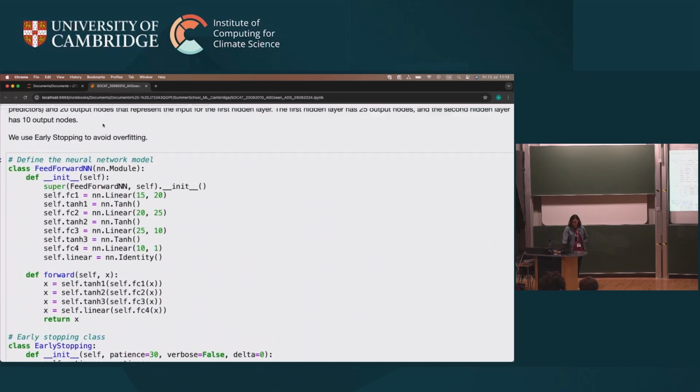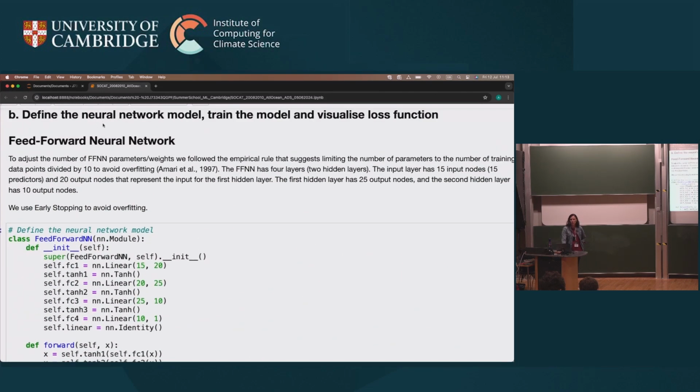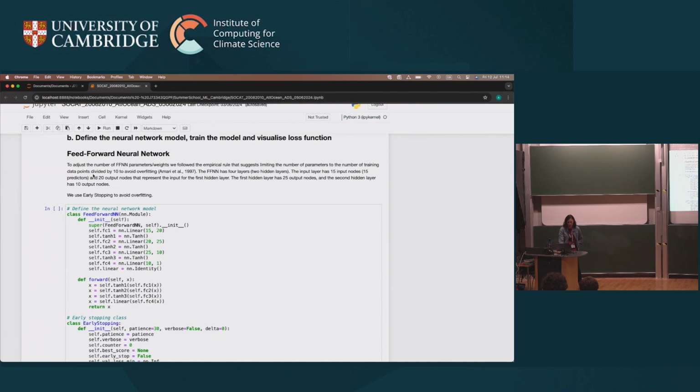So there are no real rules for how to build your architecture, what optimizer to choose, what the best activation function will be in your model, or how many hidden layers. More hidden layers generally gives better accuracy, but there is also a lot of empirical work behind it.